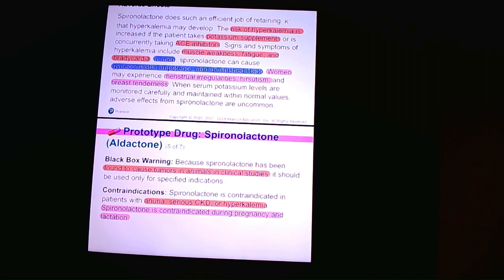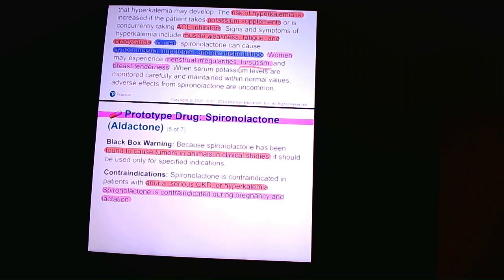Hirsutism, but breast tenderness can occur, right? So one thing we can take away for the side effects, right? High levels of potassium, so hyperkalemia, and hormonal changes in men and women that cause issues, right? Two things.